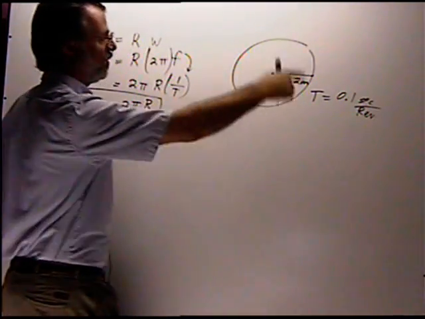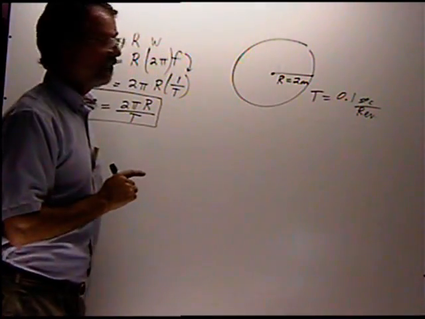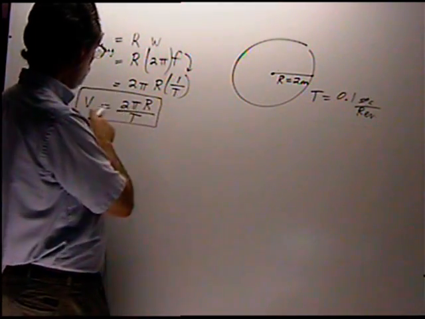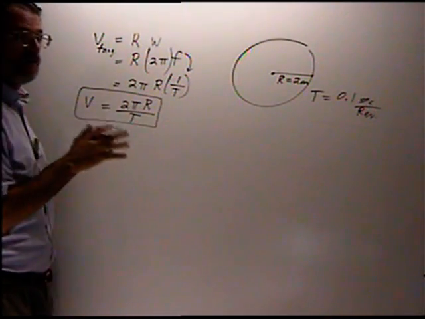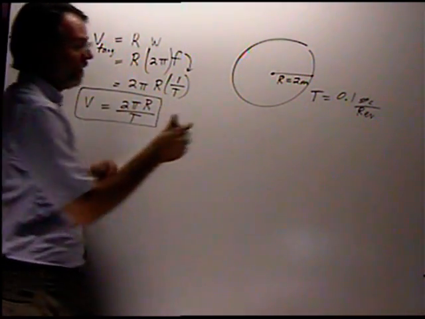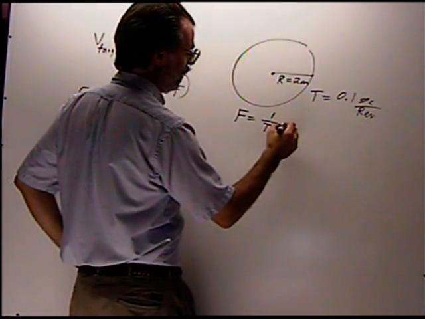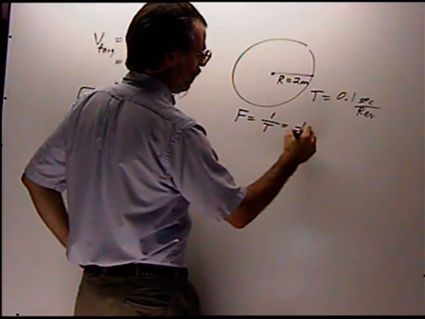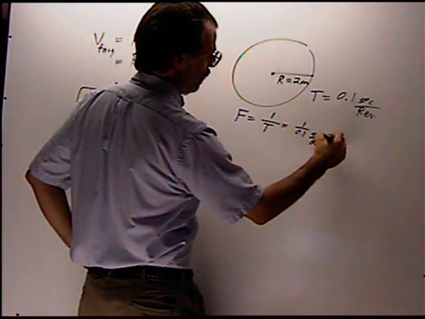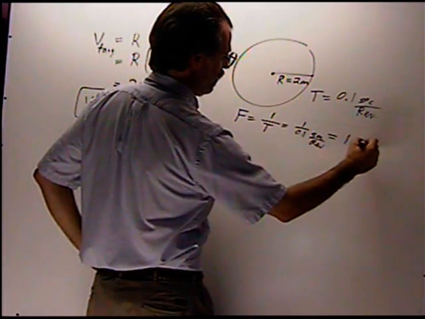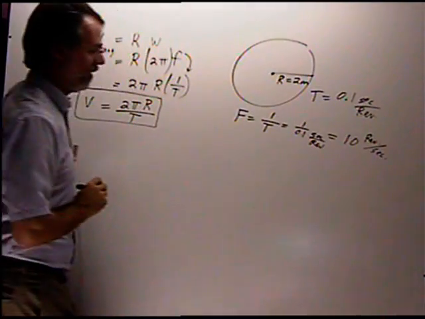So you're spinning this thing around 10 times a second, and it has a radius of 2 meters. Okay? Let's basically figure out everything. The frequency is 1 over the period, which is 1 over 0.1 seconds per revolution. So the frequency is 10 revolutions per second. Okay, that should be obvious.